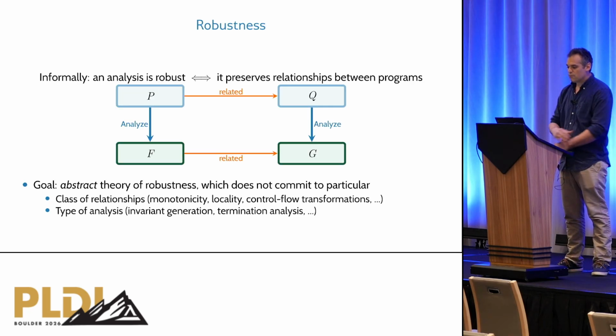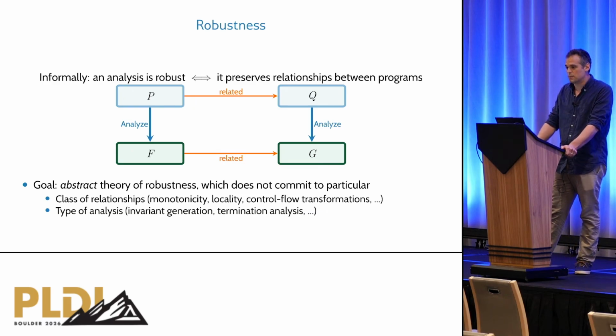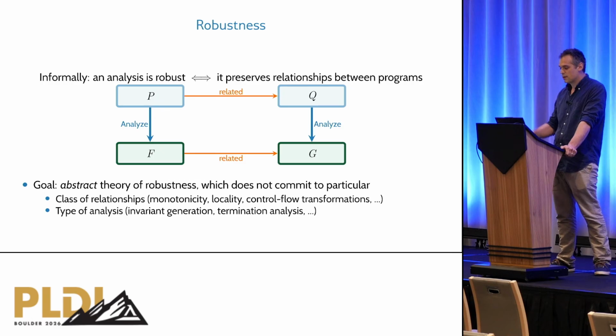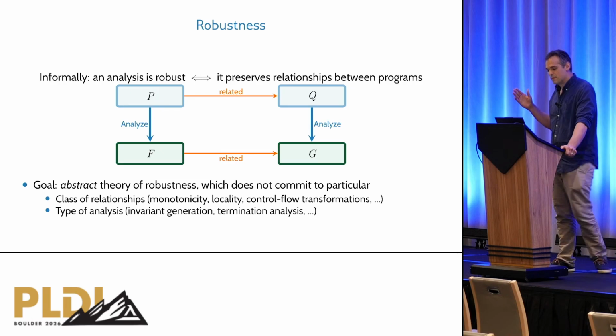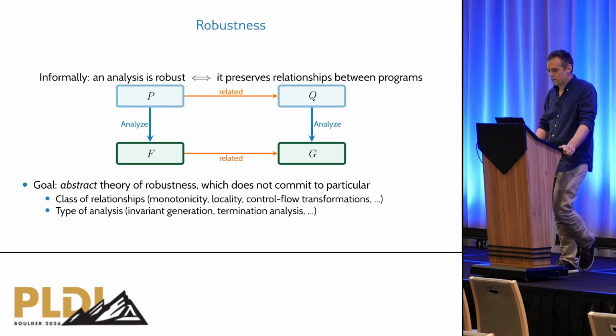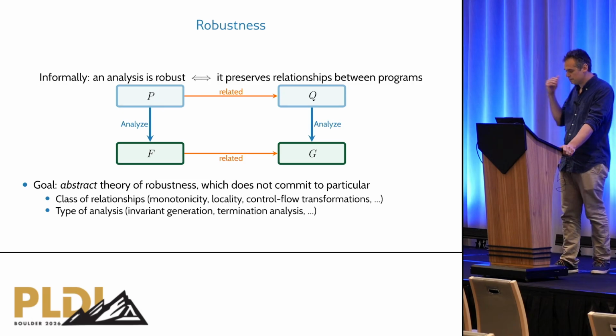All right. So informally, we say that a program analysis is robust if it preserves relationships between programs. So this isn't really just one thing. It's a class of properties, because there's lots of different relationships or transformations we want to be able to understand. There's a great number of different robustness properties we might be interested in. So it's really a family of correctness criteria that is indexed by the class of relationships we want to preserve.